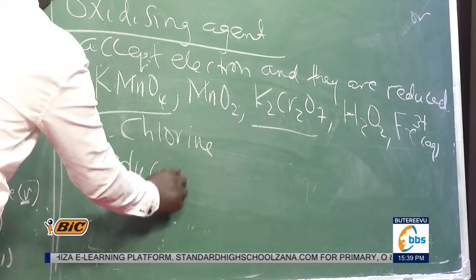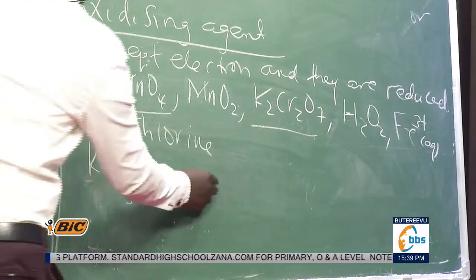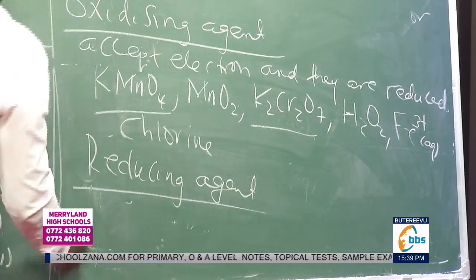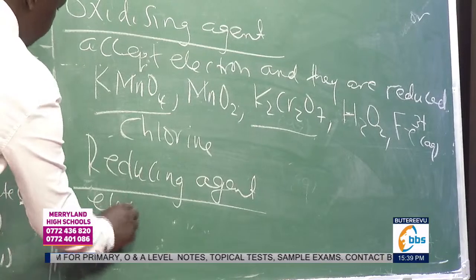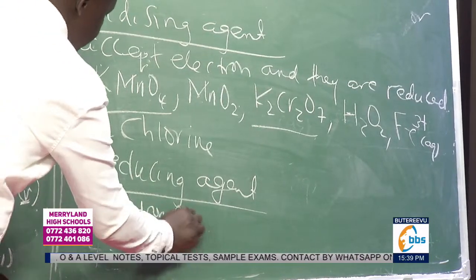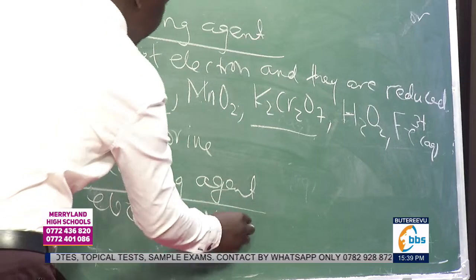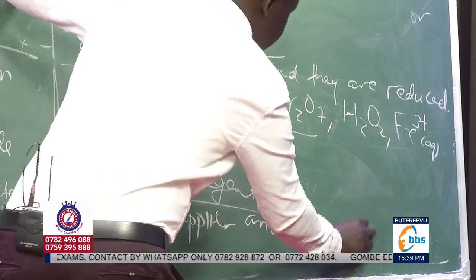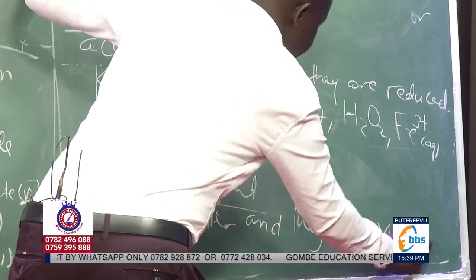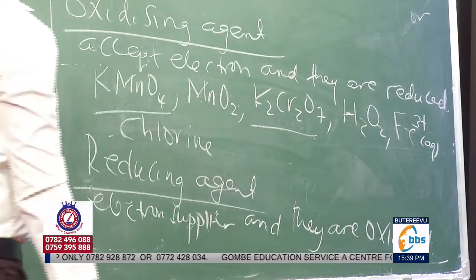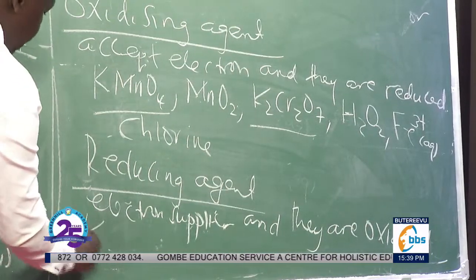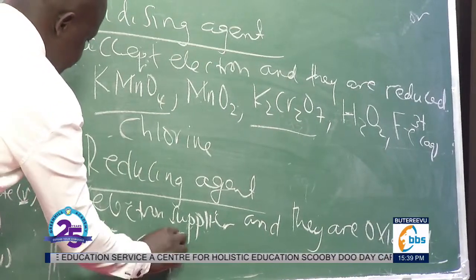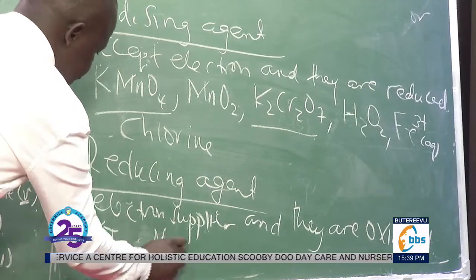Then you have reducing agents. These are electron suppliers, and they are normally oxidized in the reaction. The common examples you have are potassium iodide and the oxalate species. Let me take sodium oxalate.